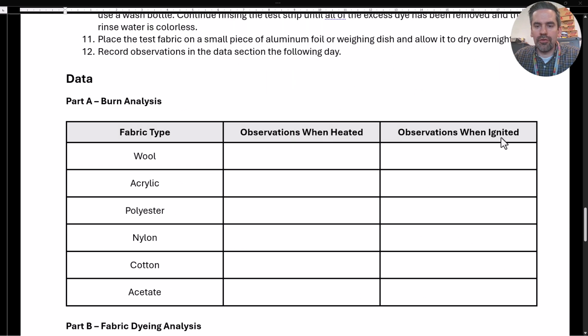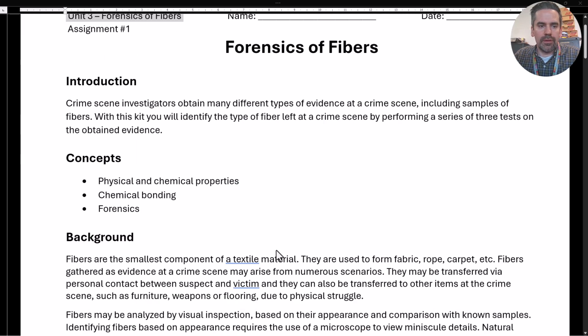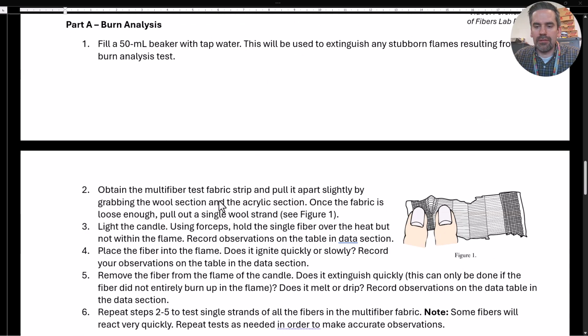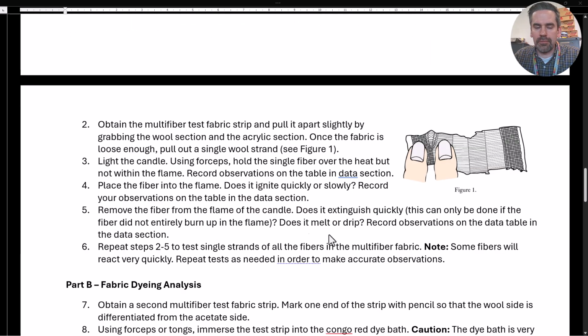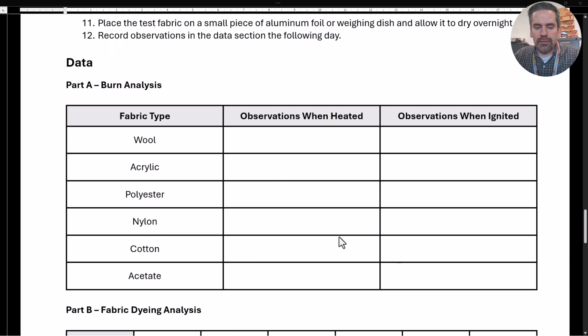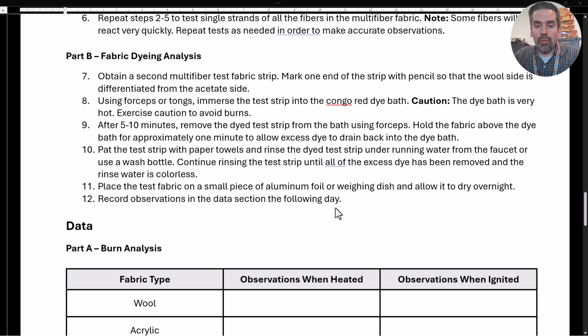So those are the first two tests that you're going to be doing. Notice that in the beginning it said that you're doing 3 tests on the obtained evidence. The obtained evidence is this piece of cloth, six pieces of cloth. The second thing you're going to do is, like I said, ignite it, and then we're going to have each of these be dyed and see how well they dye.